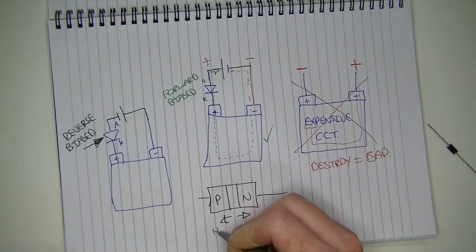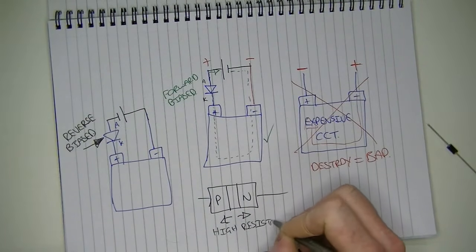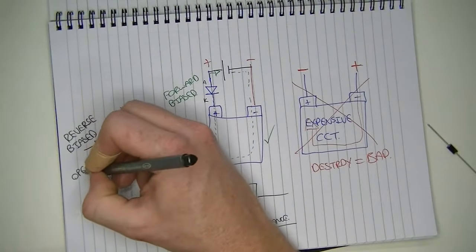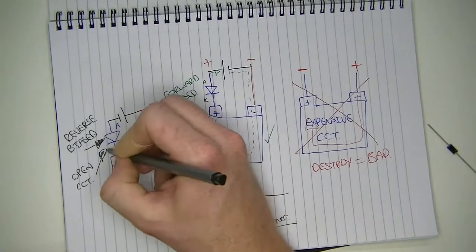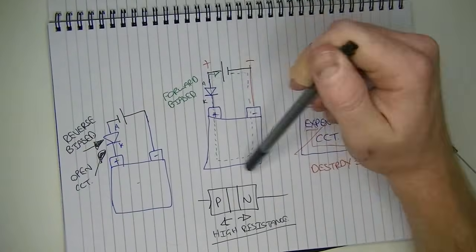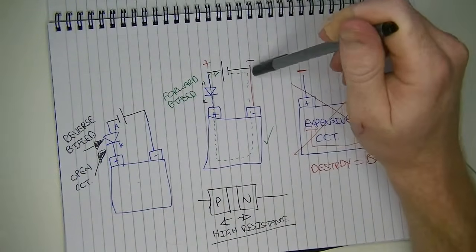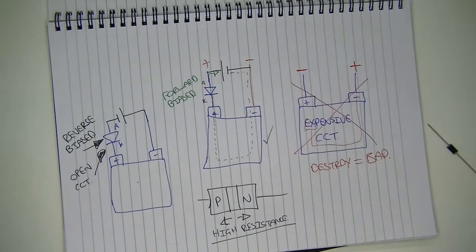The depletion region is high resistance, so therefore it pretty much goes open circuit. So therefore no current will flow in the circuit and we're not going to destroy this. So in short, by putting the diode in series with our circuit, it will only ever let current flow in the correct direction that you want it to, or the way that you design your circuit.